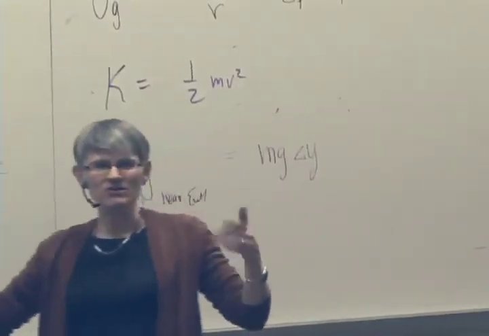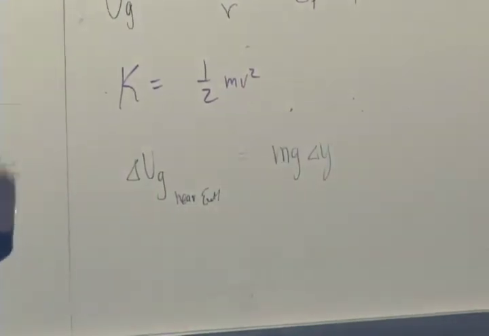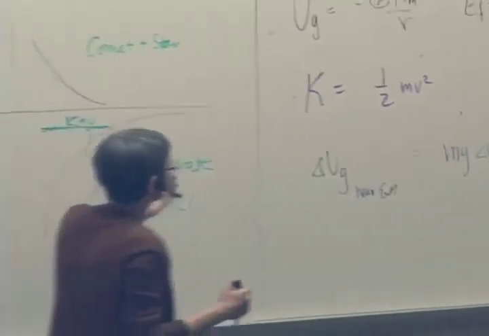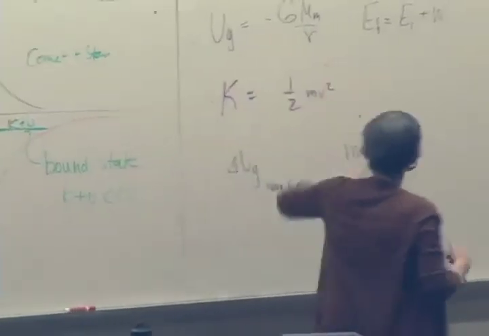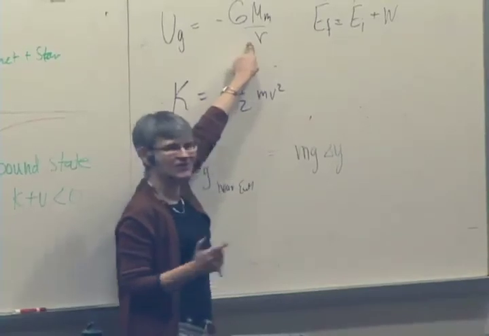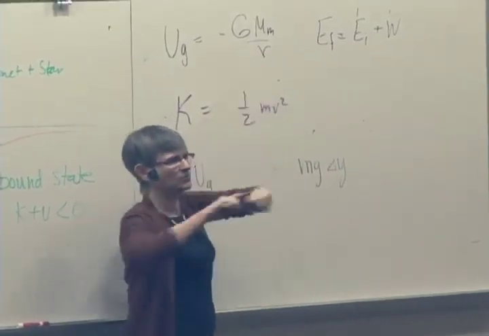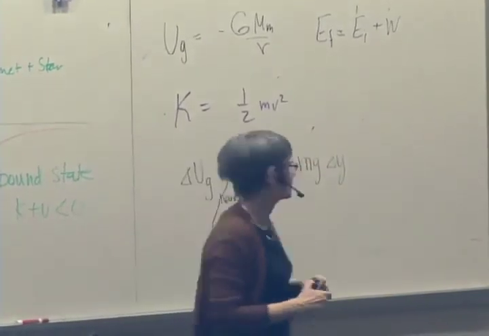But of course, it's the same reasoning we went through for the gravitational force near the surface of the Earth. We could calculate it this way, but the change in R is going to be awfully small, and so we don't have quite enough significant figures.